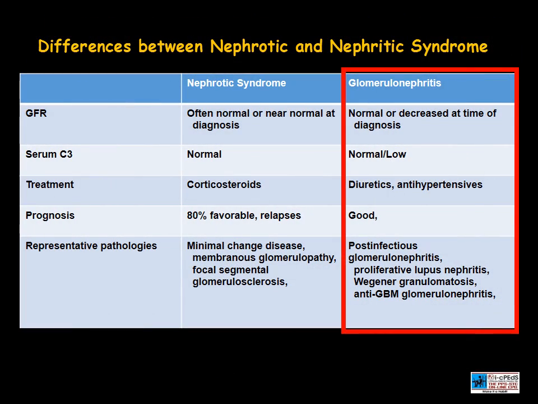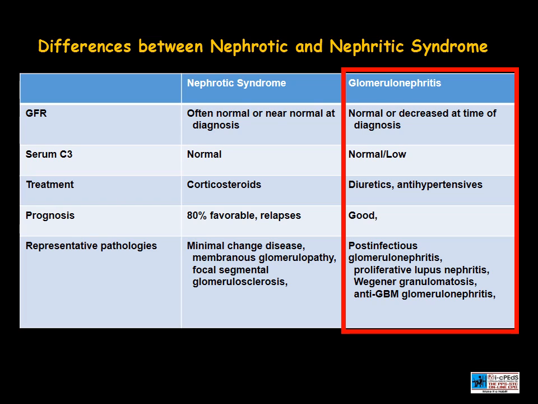Note that in glomerulonephritis, the GFR may be normal or decreased at the time of the diagnosis as compared to patients with nephrotic syndrome who have often normal or near normal GFR. Also, serum C3 are usually normal in patients with nephrotic syndrome but may be normal or usually decreased in patients with glomerulonephritis.